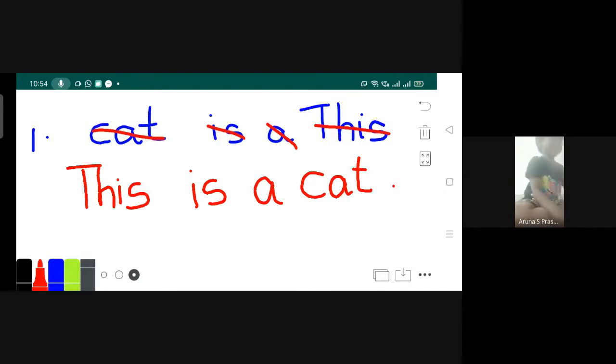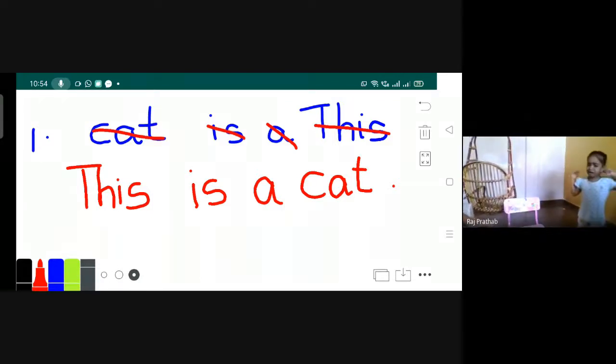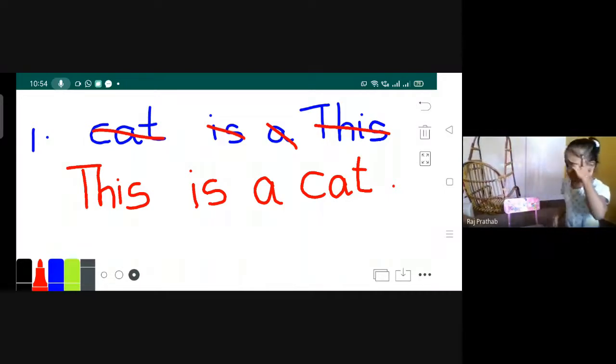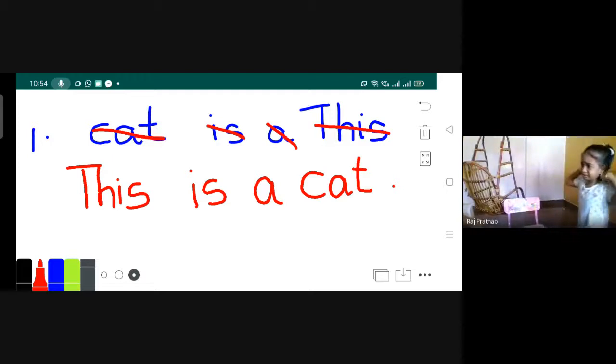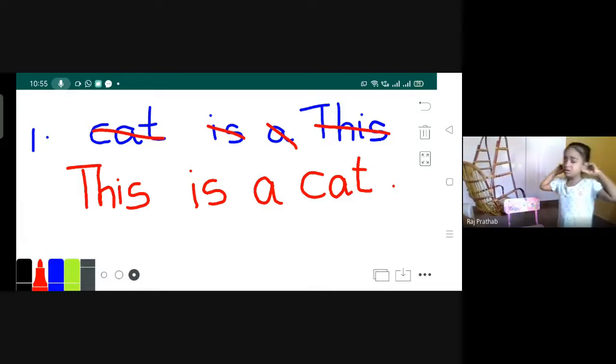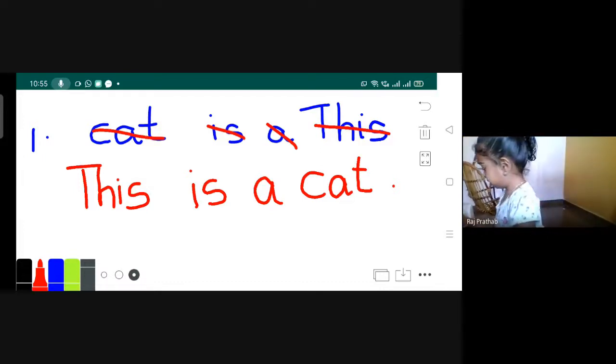Hashini, finish? Ma'am, wait for some time. When you communicate in English, you'll very easily find out the difference in these sentences. So try to communicate at home also, children. Then this activity is going to be very easy for you.